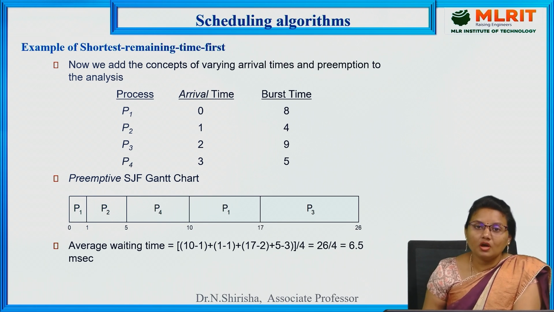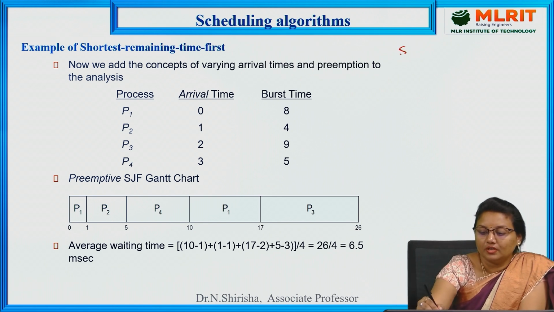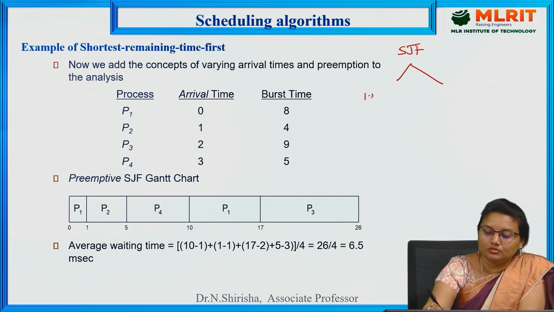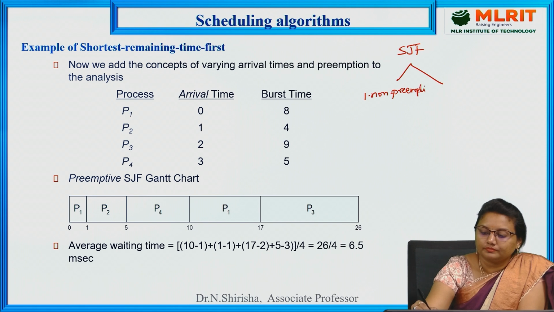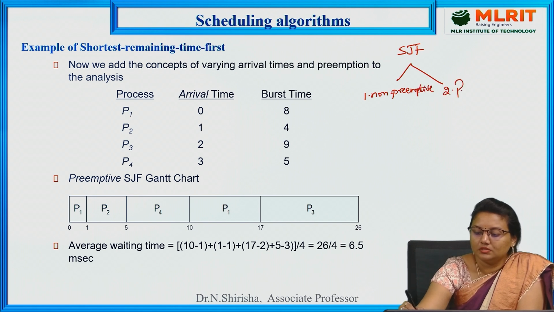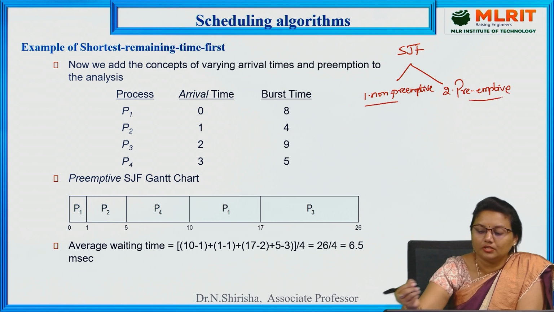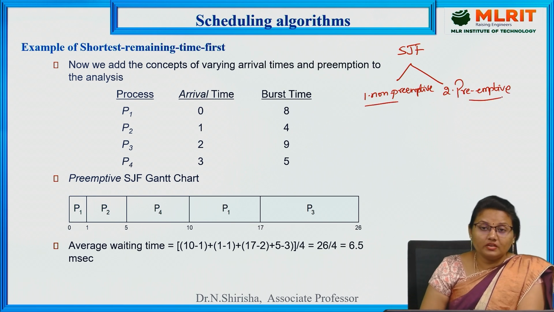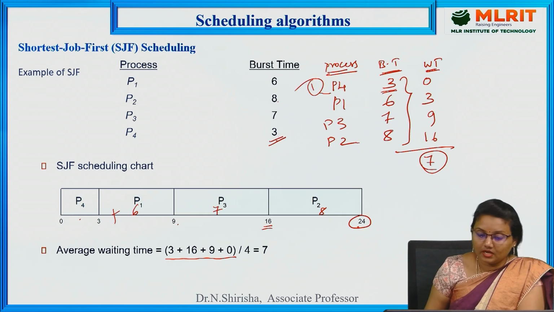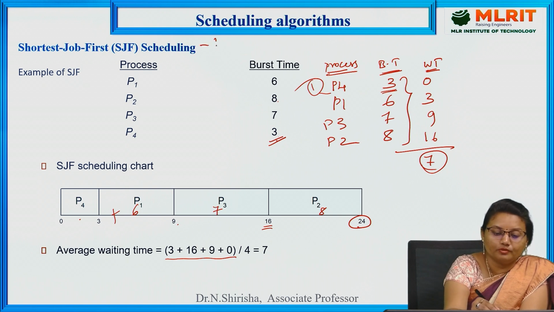In SJF, shortest job first, there are two types. One is non-preemptive and the other one is preemptive. Whatever we have discussed till now is the example of non-preemption.